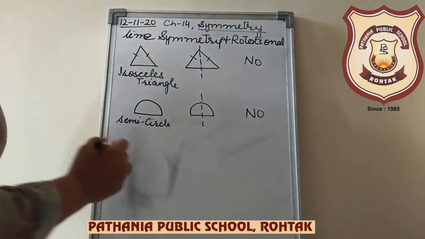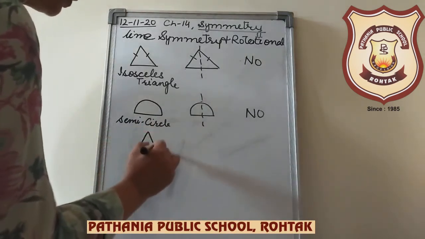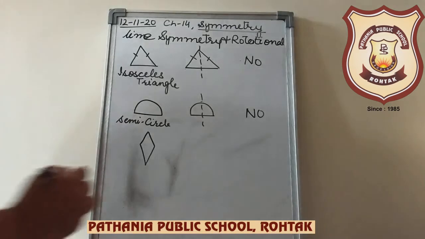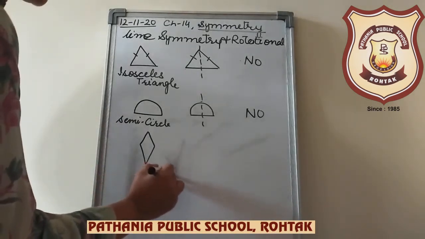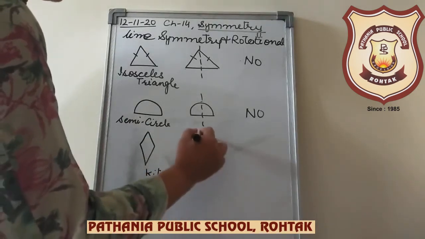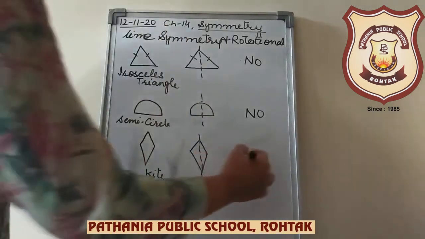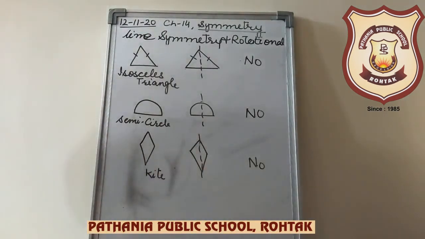They'll not superimpose. Similarly, if I draw a kite, this is a kite. It will have just only one line of symmetry. Again, the rotational symmetry will not be there.